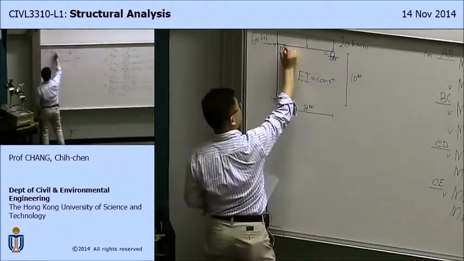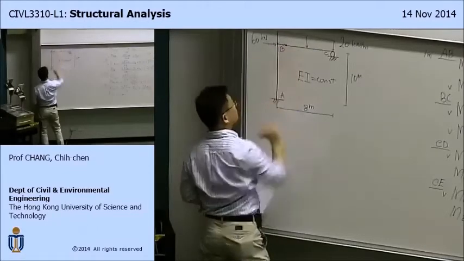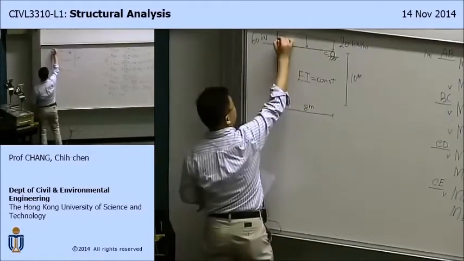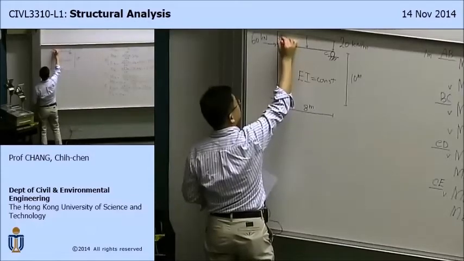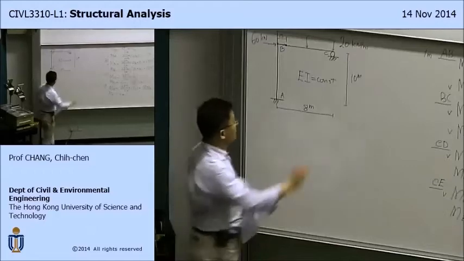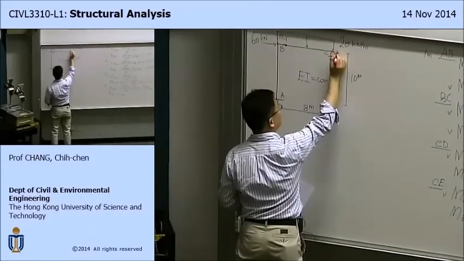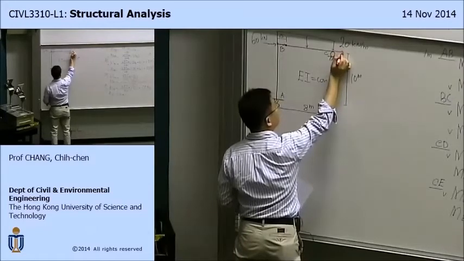All right, so imagine that this point now is moved to this point. And this deformation, I call it delta. So this point, point C, again, is going to move horizontally. But how much?